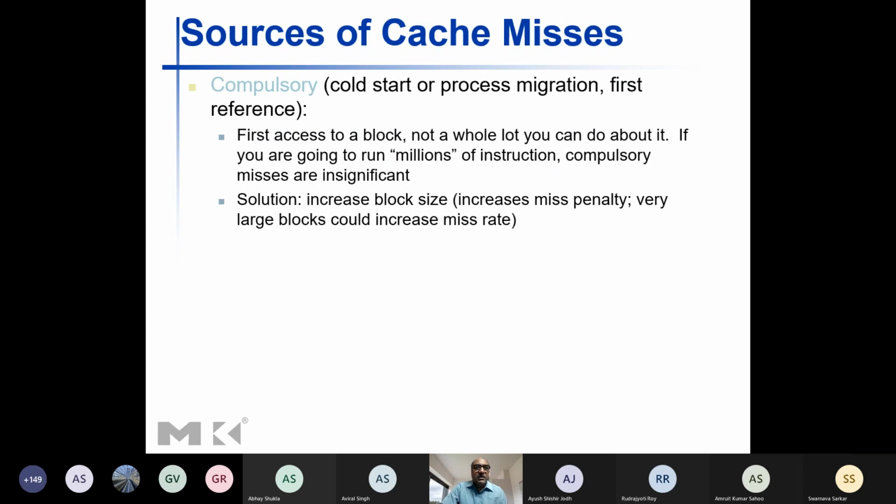Then the next one. So far we discussed the mapping policy of a cache to the main memory, right? The main memory obviously has a much bigger size compared to the cache.